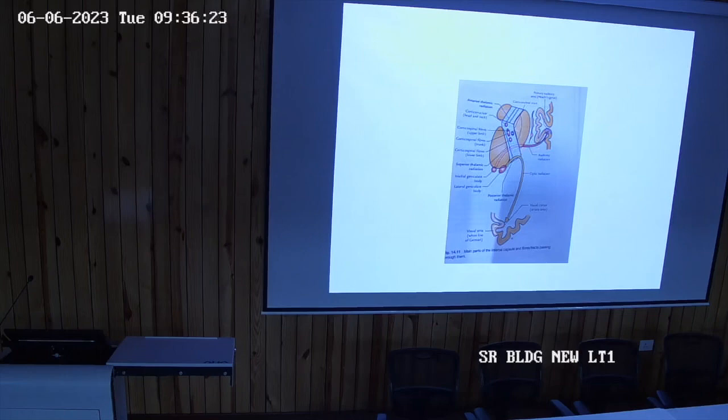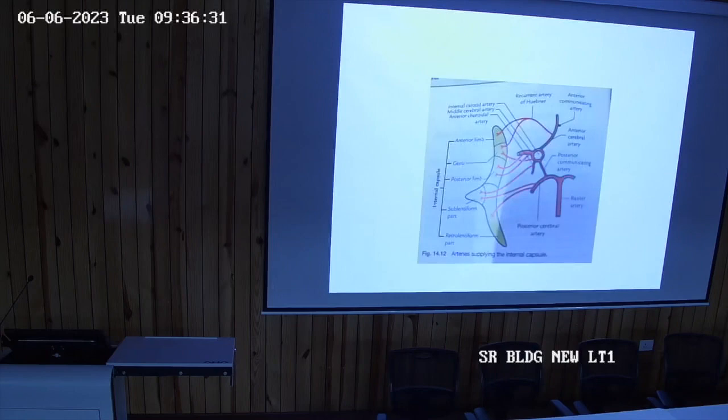After seeing this, let's see the blood supply of the internal capsule. You went through it yesterday. Look here, the anterior limb receives blood supply from the anterior cerebral artery, and the middle cerebral artery also gives branches.